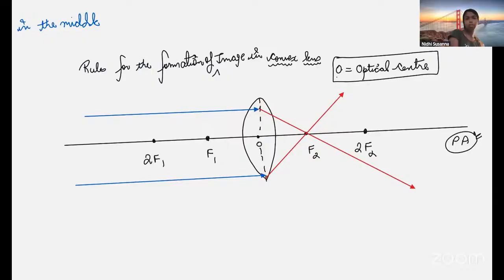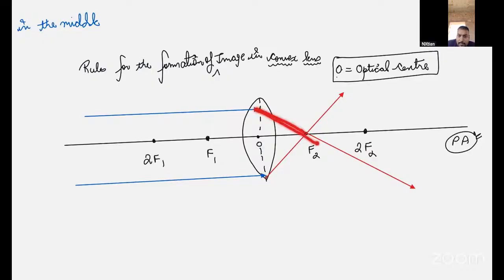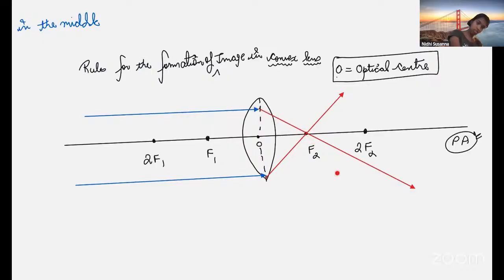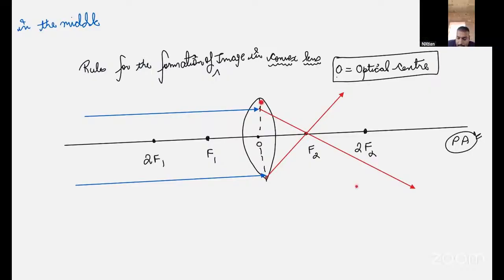The bending is where we are deviating the light. So you have to touch the incident ray and refracted ray at the main line. Yes, the main line is the bending point. Okay.